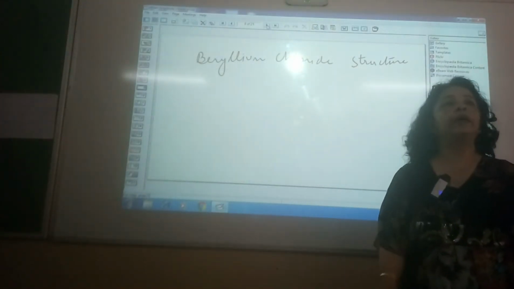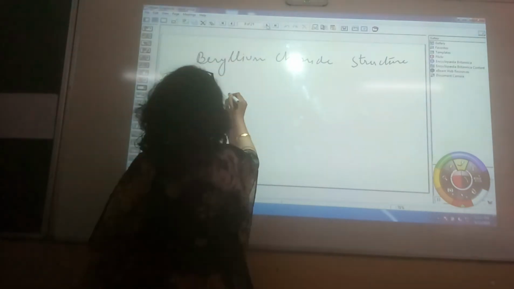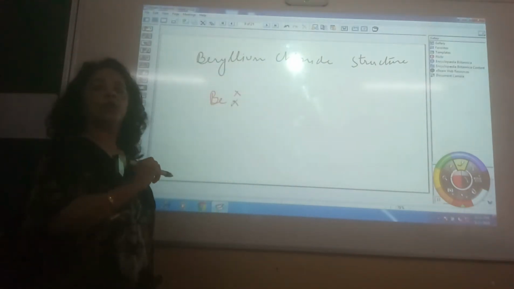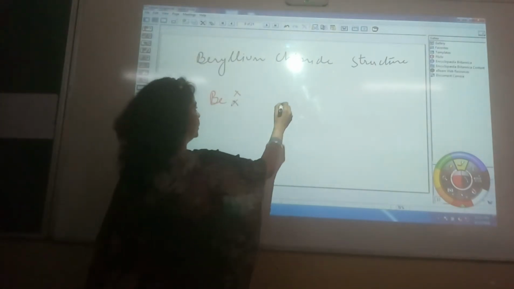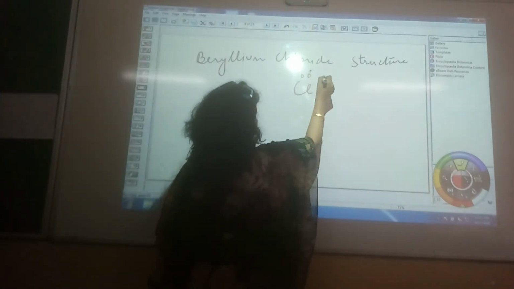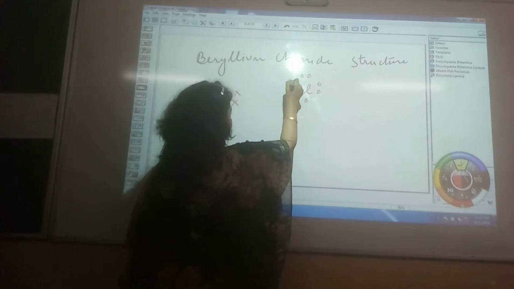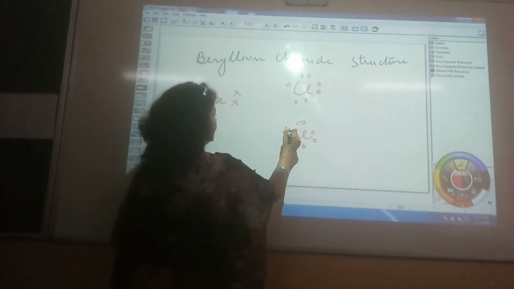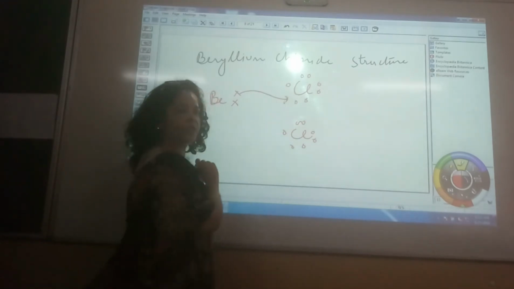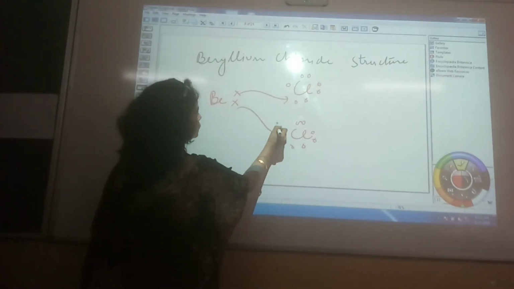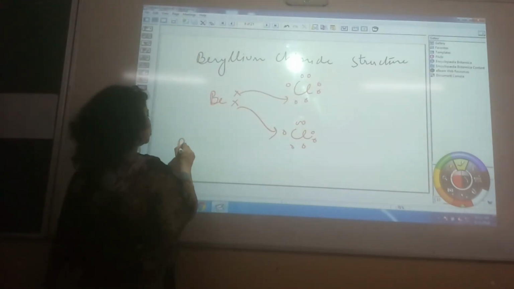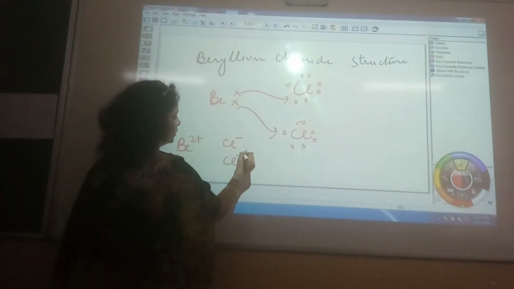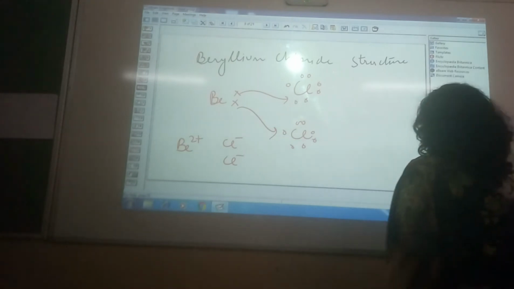Now talking about beryllium. Beryllium is an element with 2 electrons in the outermost shell. What kind of a compound will it form with fluorine? The expected compound formed with fluorine with 7 electrons in the outermost shell would be something like this. 1 electron transferred here, the other electron transferred here, leading beryllium to become 2 positive and the halides become negative. Now what I have drawn is not the case.